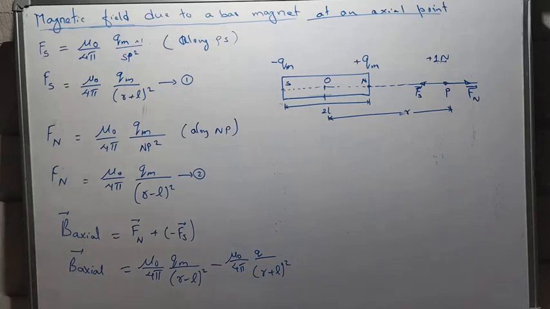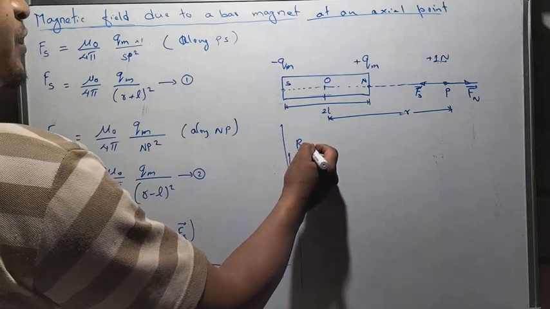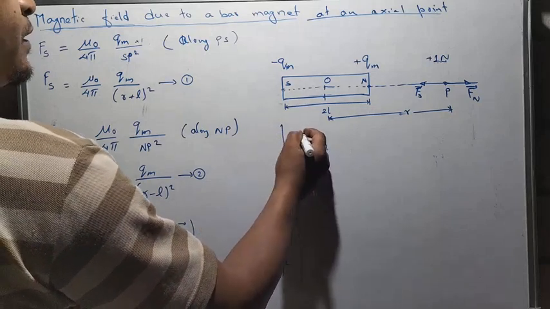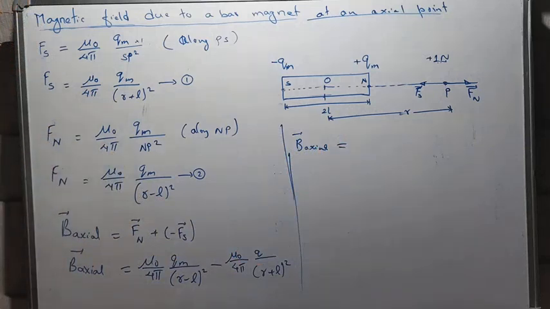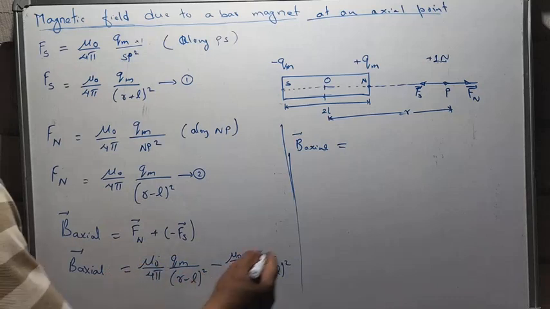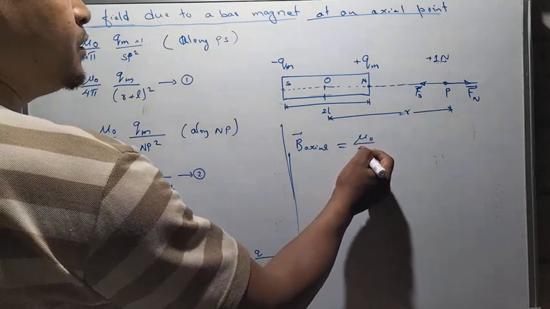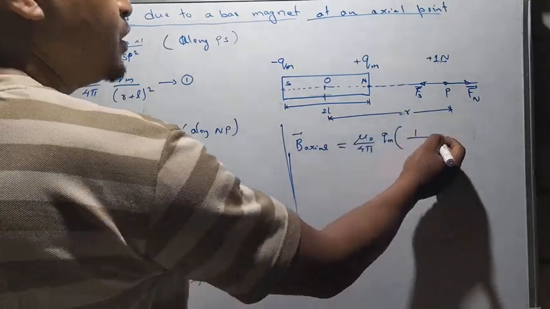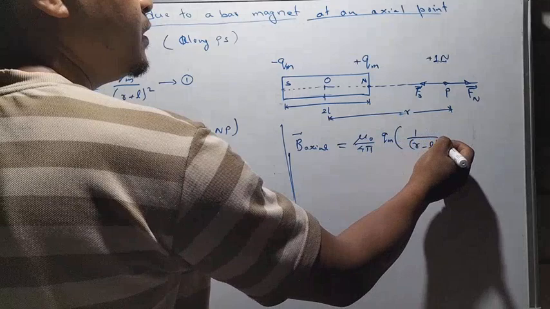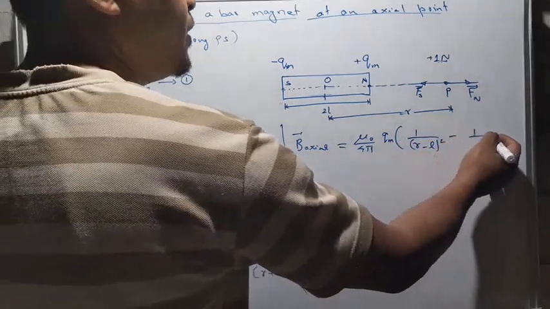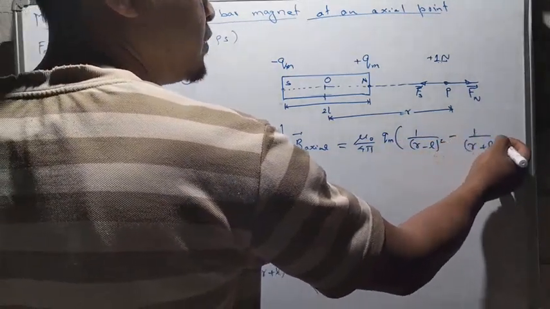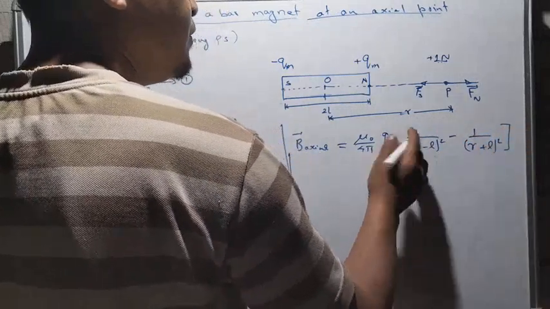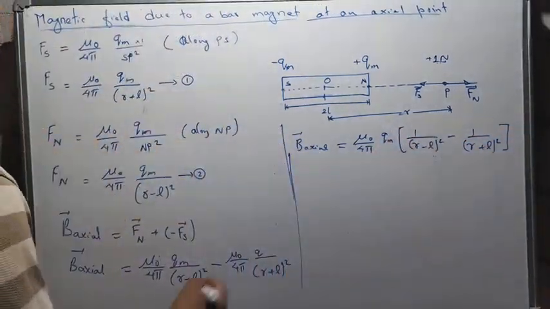Now, if you further simplify this equation, you will get the total magnetic field at point P. Looking at these two terms, mu naught upon 4 pi Qm can be taken common. I'll take this common, and inside I'll have only 1 upon r minus L whole thing squared, minus 1 upon r plus L whole thing squared, and this is the external bracket.